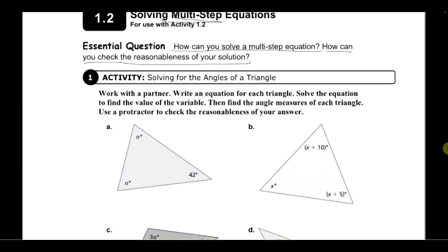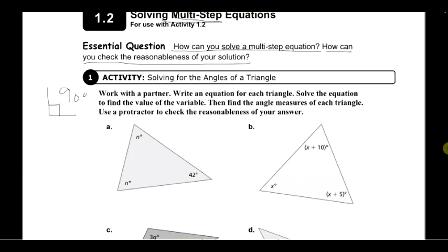So let's begin here. If you happen to be working with someone, this would be a great time to work with a partner, because it says so. We're going to be going back to triangles. You can use a protractor if you need, but a quick way to know if your answer is reasonable is that a right angle is like a corner of a piece of paper, and that's 90 degrees.